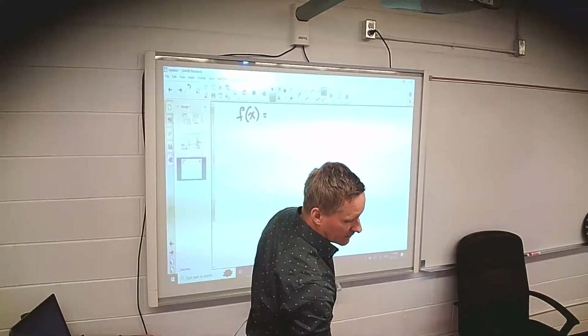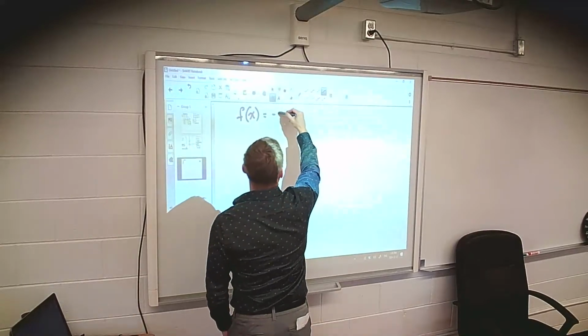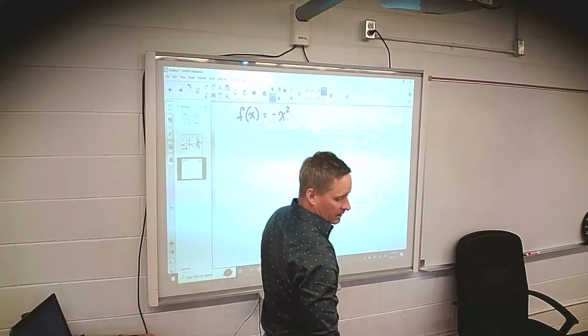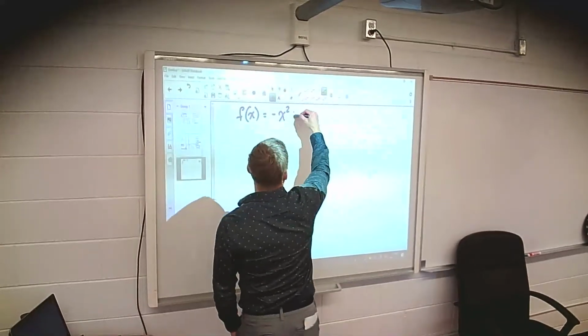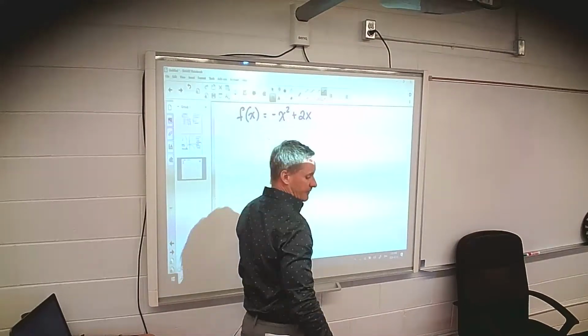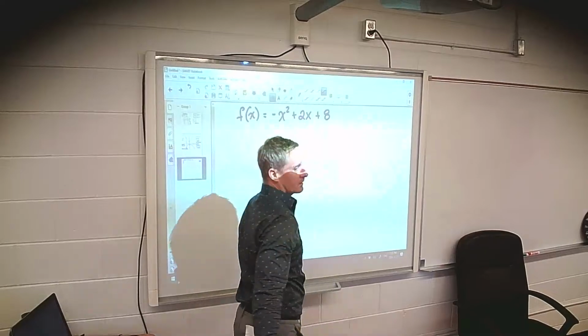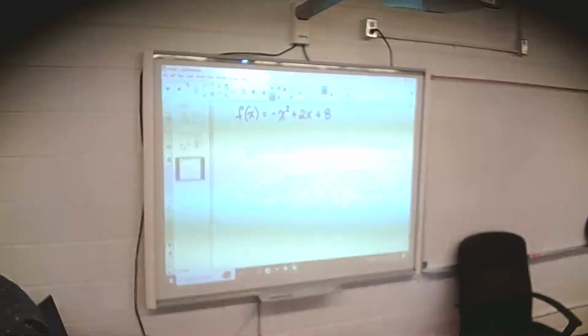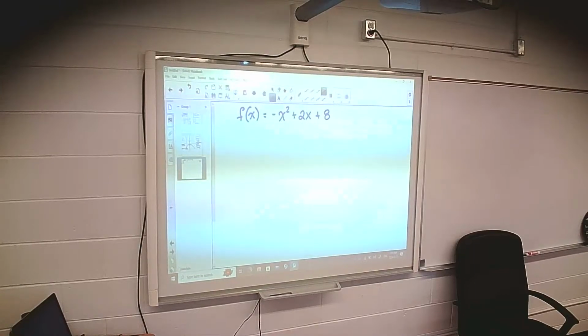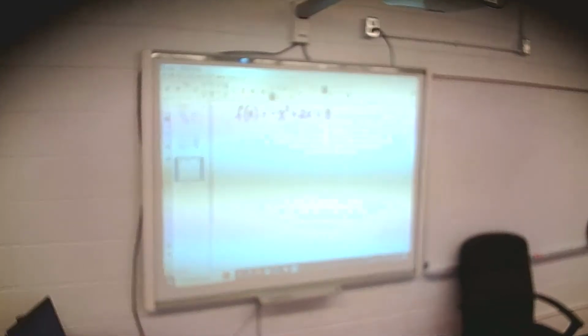F of x is just another name for y, but what does it mean? It's a function, which means it passes the vertical line test. That's all that means. Otherwise, you can just write y there if you want. It means the same thing.